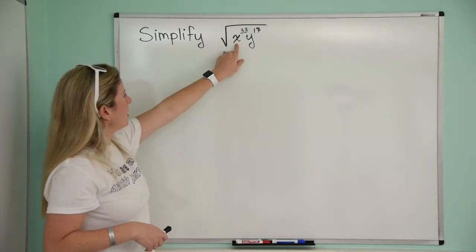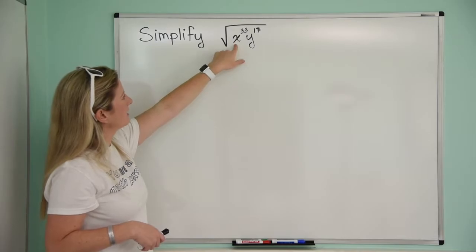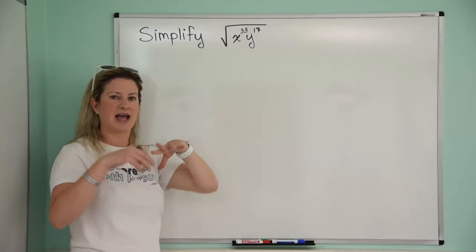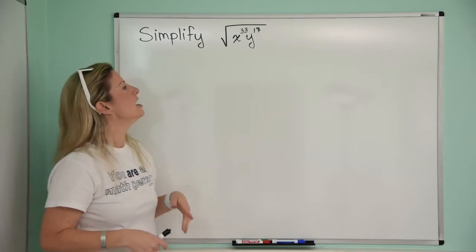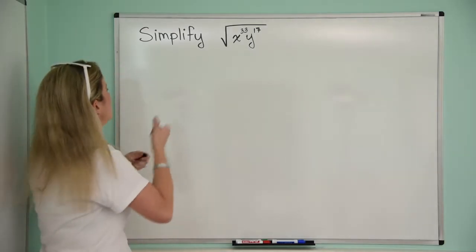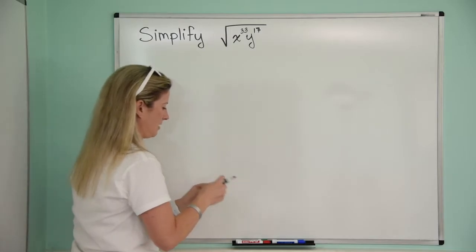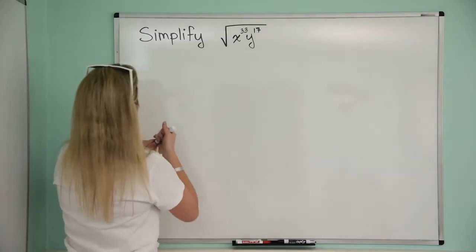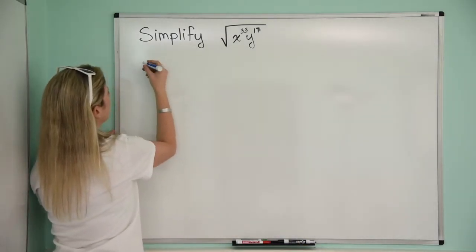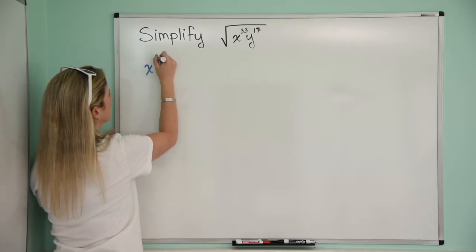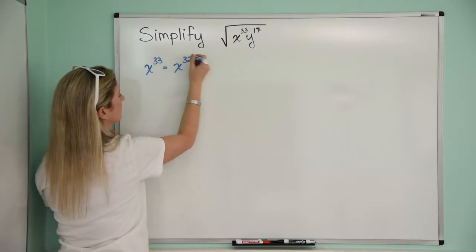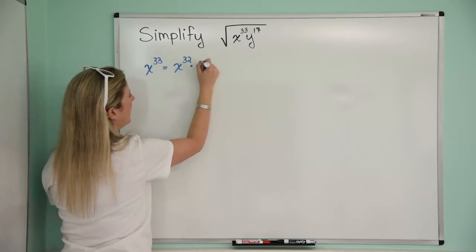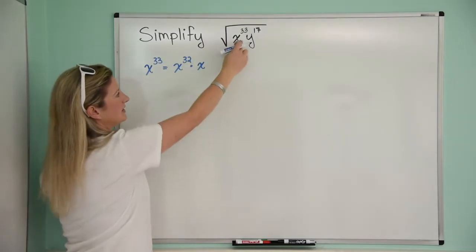So the question is, can we write x to the 33rd as x to some multiple of 2 times x? And we can. Another way to write x to the 33rd is x to the 32nd times x. Let's do the same for y.